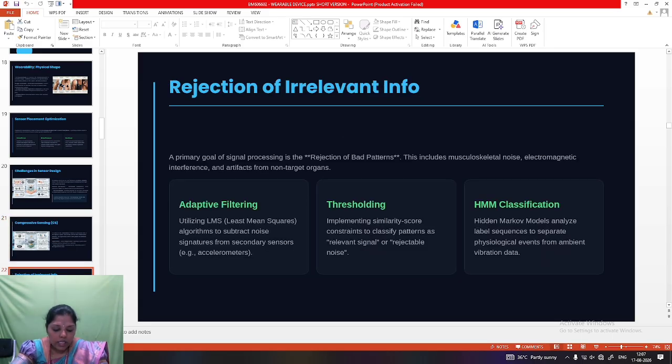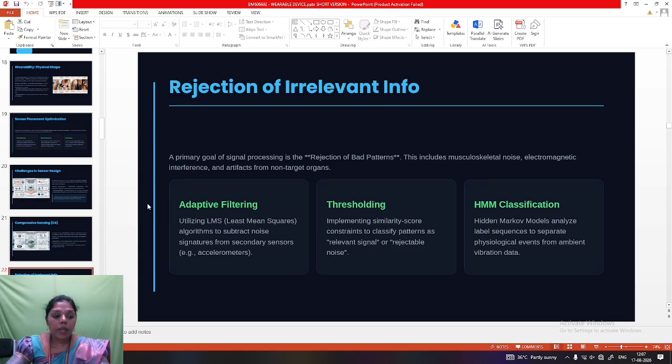Let us understand this: rejection of irrelevant info. The primary goal of signal processing is rejection and pattern extraction. That includes noise, electromagnetic interference. The rejection of irrelevant info means adaptive filtering, thresholding, HMM classification.